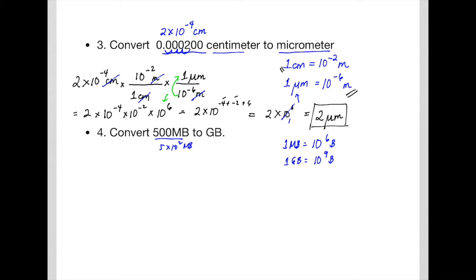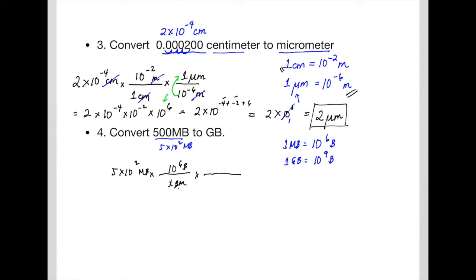So let's go now and proceed to our solution. We have 5 times 10 raised to 2 MB times, then put a slash mark, 1 GB at the bottom, and then 10 raised to 6 bytes on top. So we could now cancel the unit.